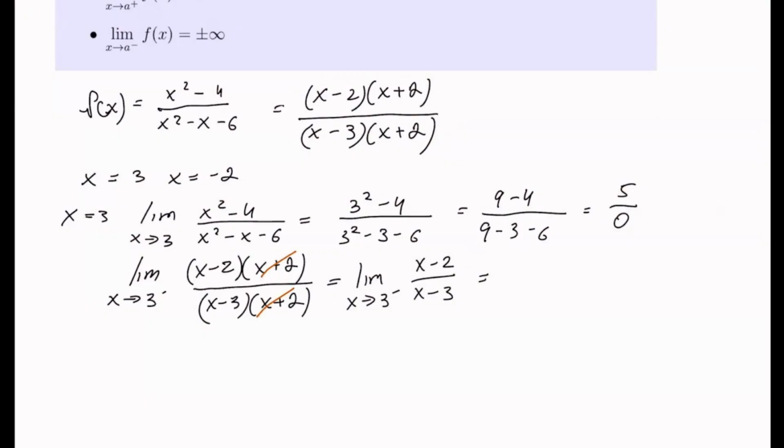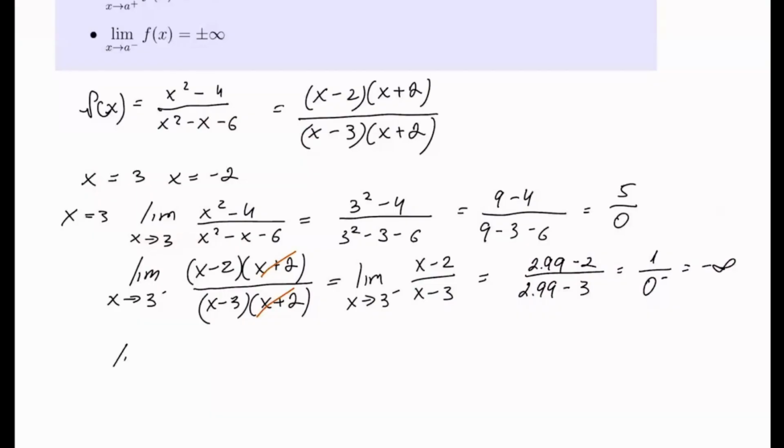So now when I'm plugging in a value that is close to 3 from the left side, it's something like (2.99 - 2) over (2.99 - 3). The top portion is going to be close to 1. The bottom portion would be something close to 0 with a negative sign, right? So in this case, we are approaching negative infinity.